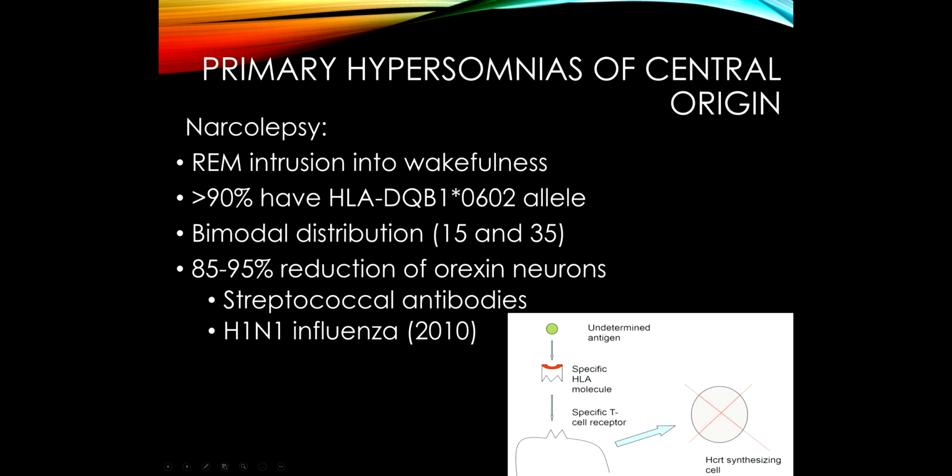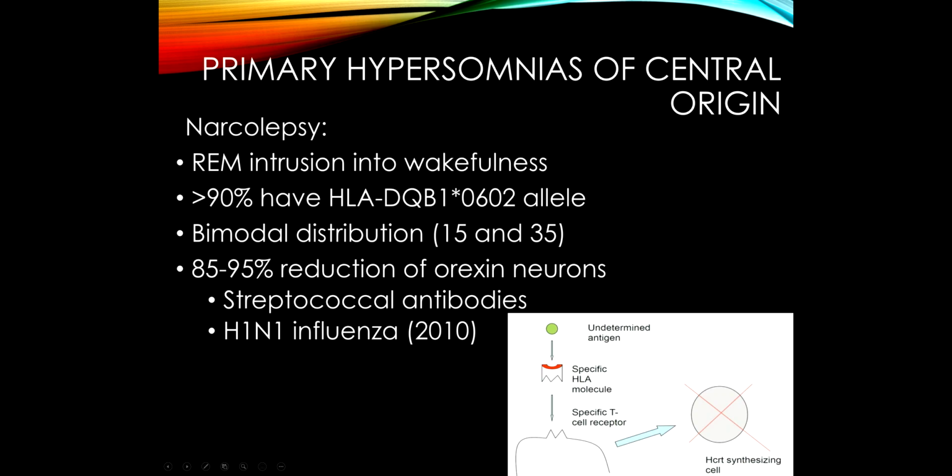More than 90% of individuals with narcolepsy have this HLA allele here. Narcolepsy has a bimodal distribution with onset usually around 15 or 35. What happens in narcolepsy is we have a dramatic reduction in the number of orexin-producing neurons in the hypothalamus. It's felt that there is some antigen, and this can be infectious. For example, during the H1N1 influenza in 2010, there was an outbreak of narcolepsy.